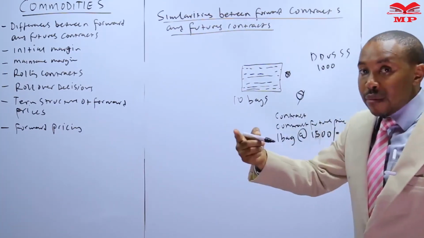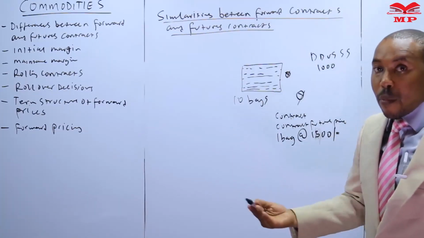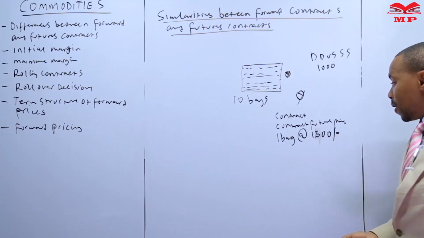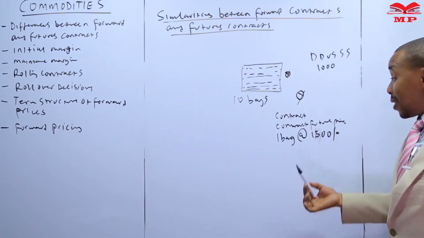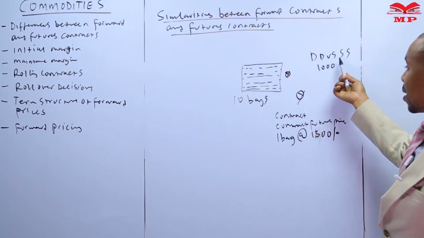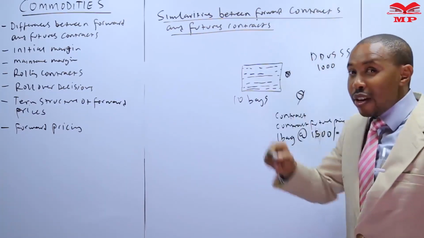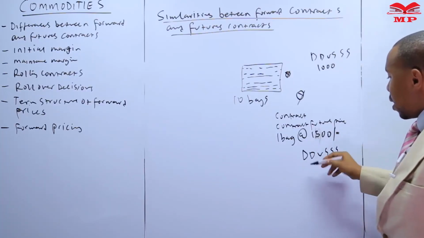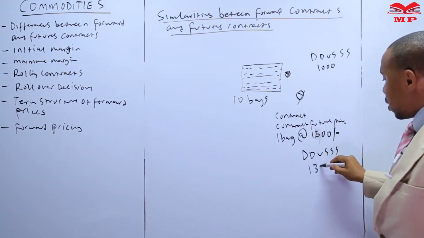Upon maturity, maybe 3 or 4 months down the line, based on the forces of demand and supply at that time in future, say it is maybe 1,300.